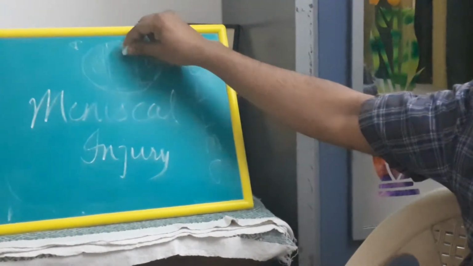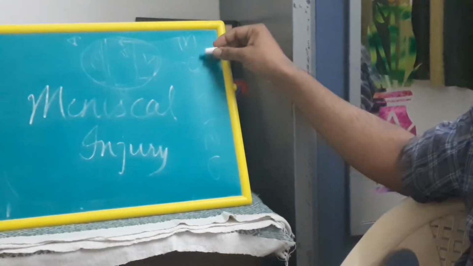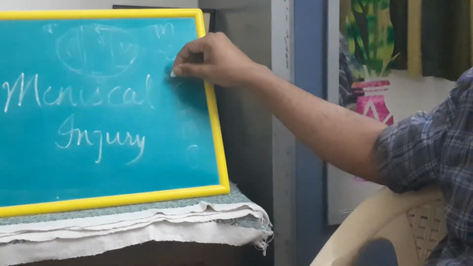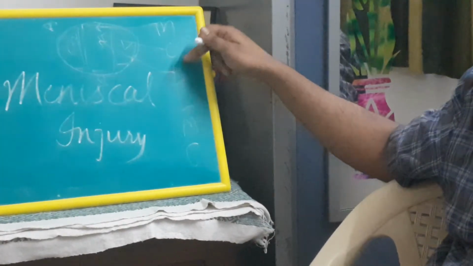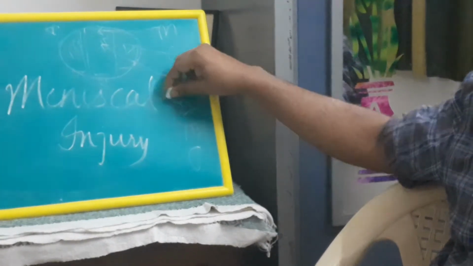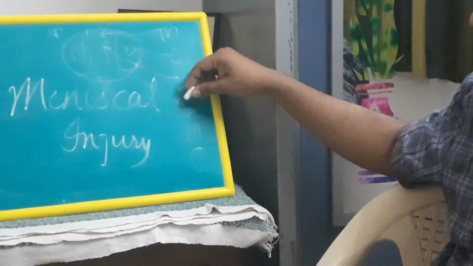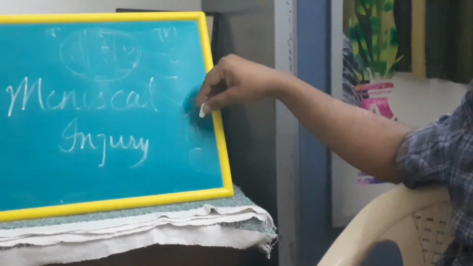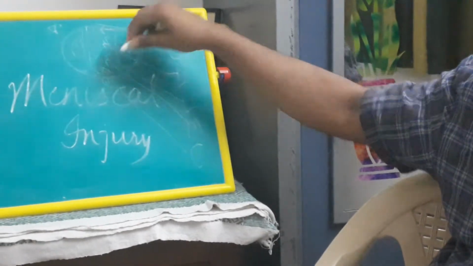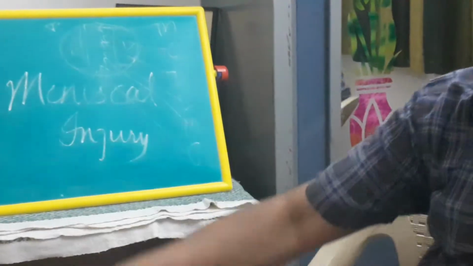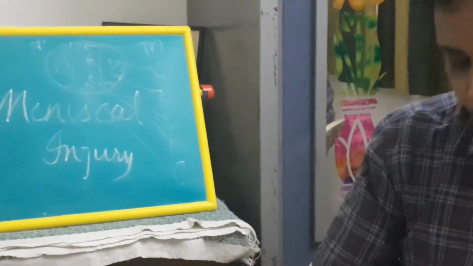Next to that is the anterior cruciate ligament. Next to that is the lateral meniscus. These are the anterior horns of the medial and the lateral meniscus. Next is the posterior horn of the lateral meniscus, the posterior horn of the medial meniscus, and then the posterior cruciate ligament. So this is the attachment from front to posterior. You should be aware of this.